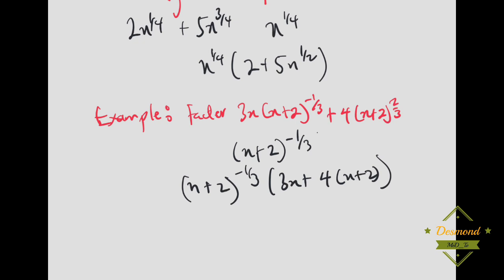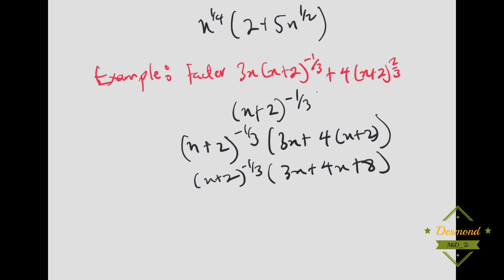We get (x plus 2) exponent negative 1/3 multiplying 3x plus 4x plus 8. We can still simplify, and we should get (x plus 2) exponent negative 1/3 multiplying 7x plus 8, and we get our answer. Very simple to do.